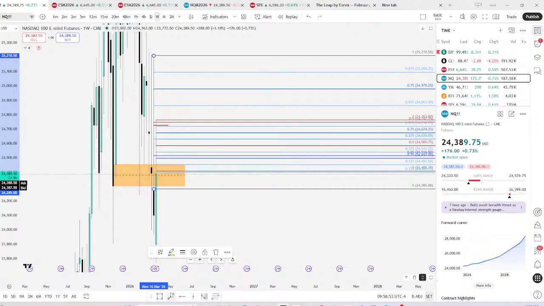So pretty much just aligns 747.75 right there.